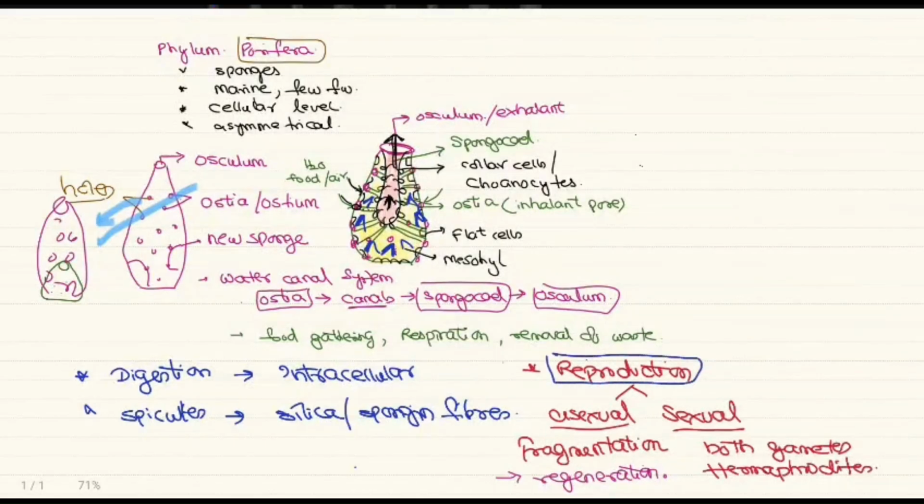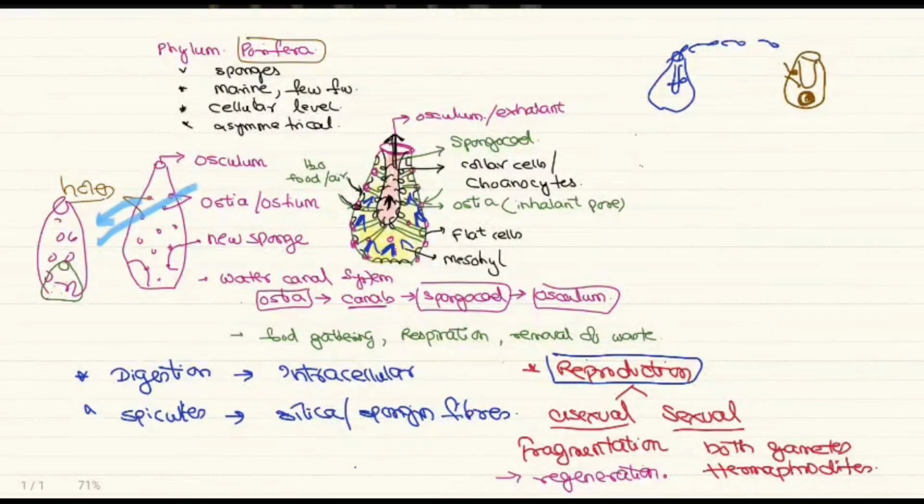Now how does the reproduction occur? See, when you have a sponge, the sperms produced from one sponge will move out with the water and they will enter into another sponge, and then inside the body in the mesohyl the fertilization will occur.